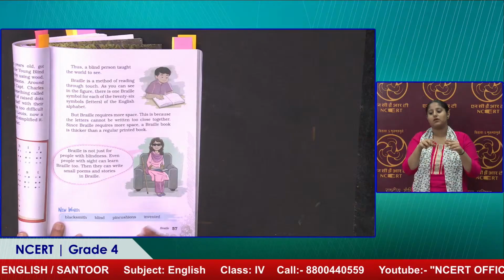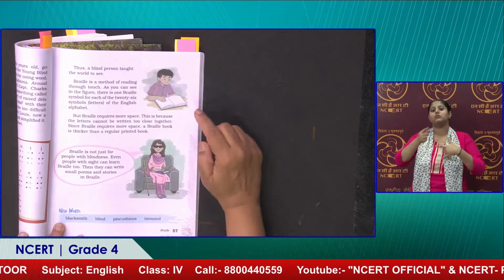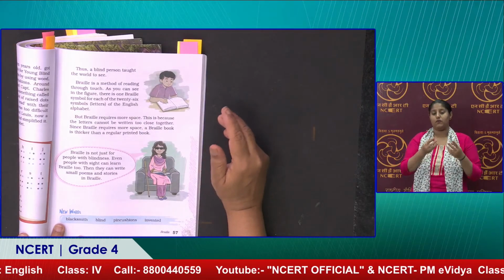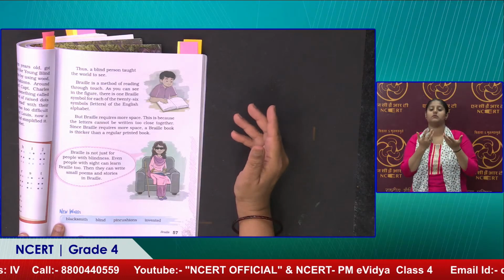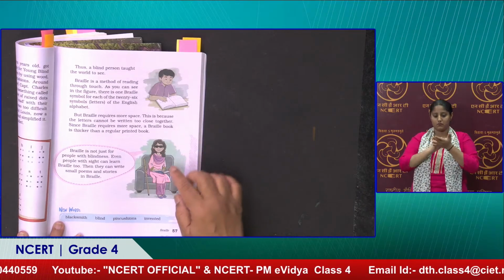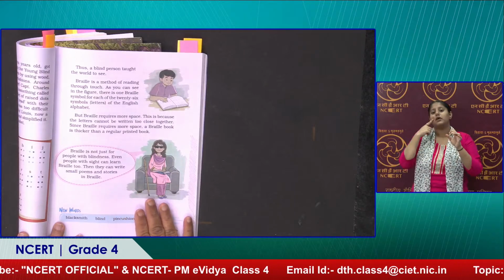Then we didn't end it there. We brought it here in the sense that a blind person taught the world to see. It was through Braille that there is connectivity with a world which they thought they would never be part of. And then we have a sentence here that Braille is not just for those who are blind.